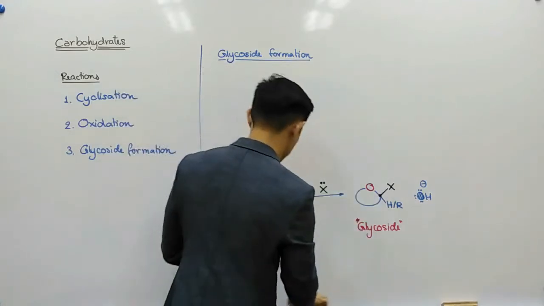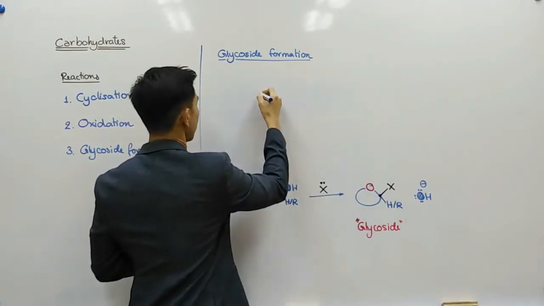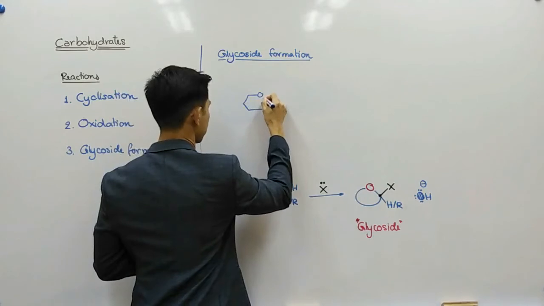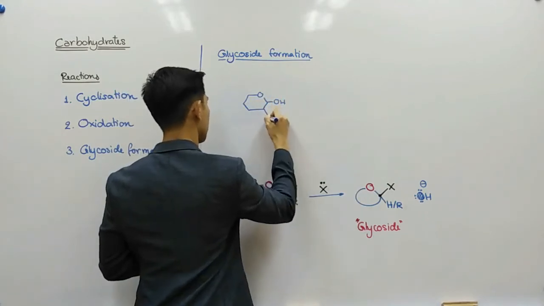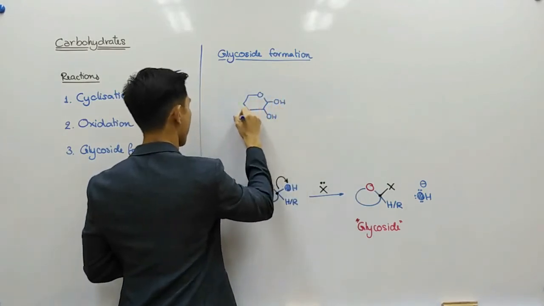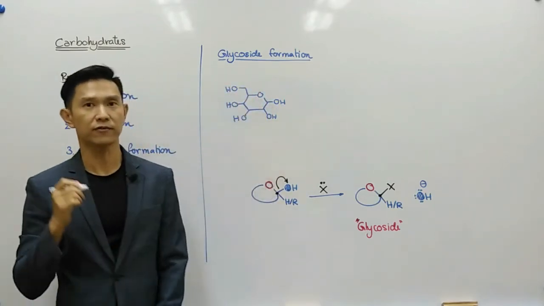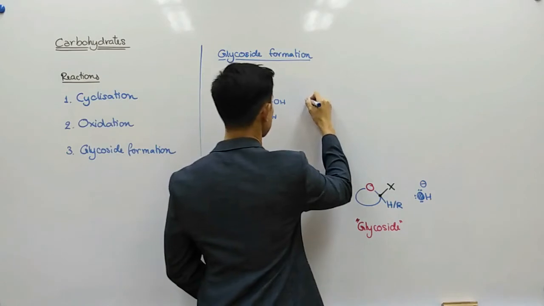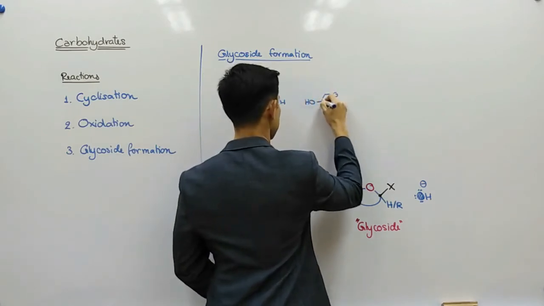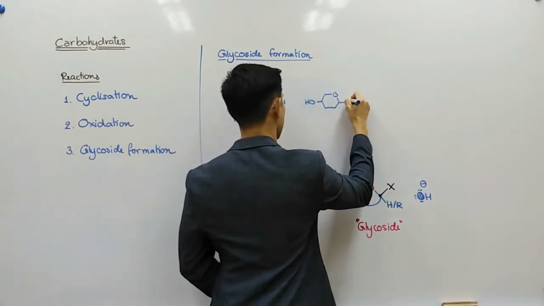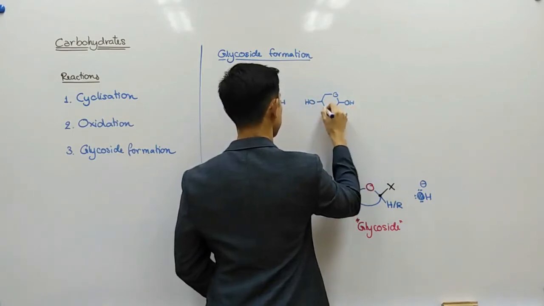So, for example, if you have a glucose, and if you have another glucose on the left hand and on the right hand, and let them condense together.